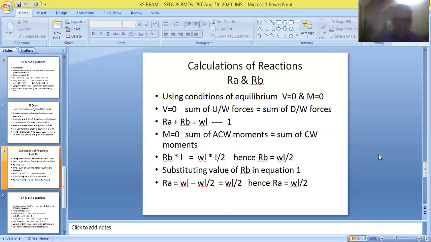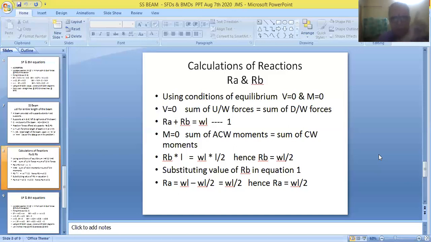And as done in the first case, substitute this value in the first equation, and again we get the value of RA. So friends, RB will be obtained as WL by 2 and RA will also be obtained as WL by 2. So calculation of reaction forces, whether it is point load or uniformly distributed load, is very, very essential before starting problems on simply supported beams.